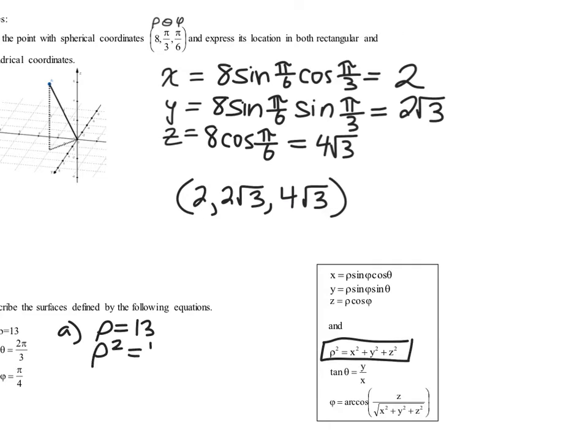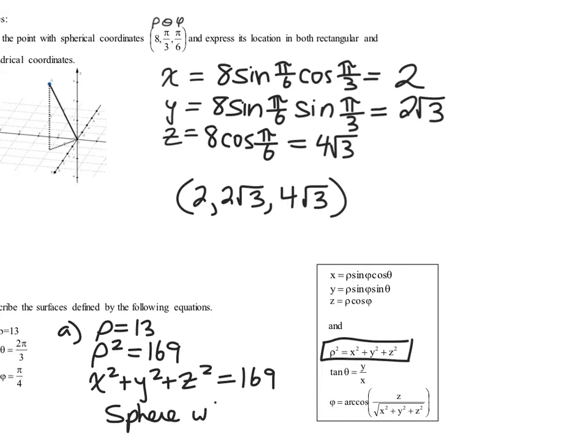Rho squared is equal to 169, in which case we get x squared plus y squared plus z squared equal to 169. So that's a sphere with radius equal to 13.